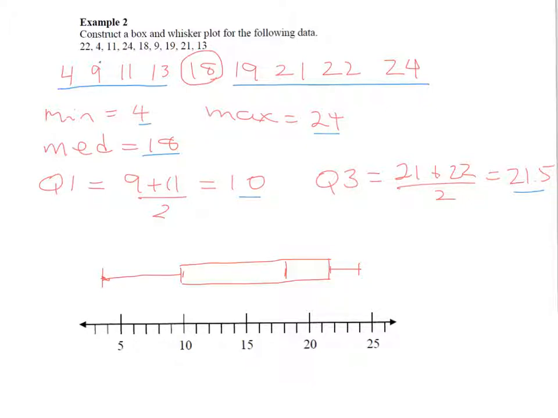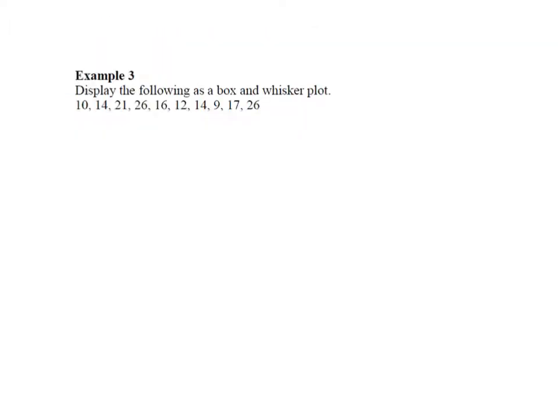And again, it'll look much nicer if you grab a straight edge and do that. Let's do one more example. Here I have data again, and I'm going to create a box and whisker plot for it. So step 1 is put the data in order, low to high.